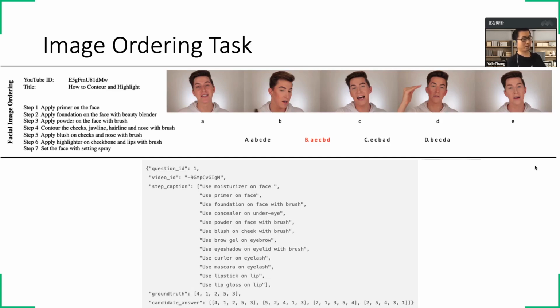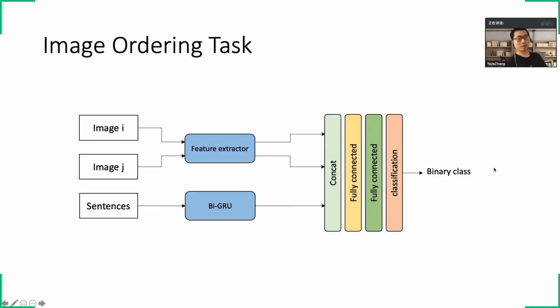In other words, we want to get the order of each pair of 2 images, and then we can construct the answer for the order of the 5 facial images. Our model is shown in this picture.